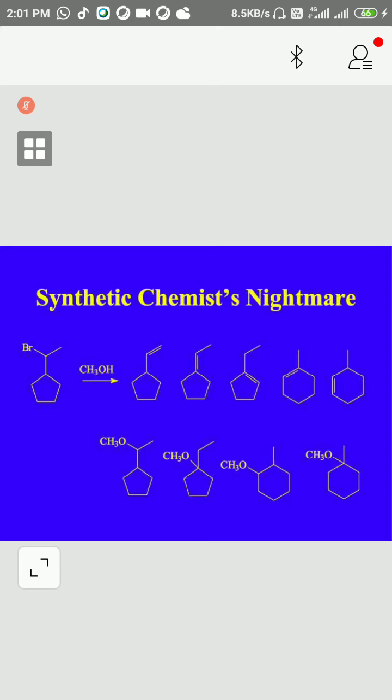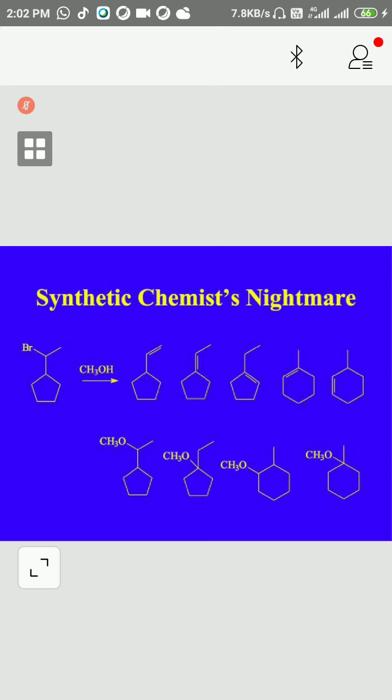Sometimes synthetic chemists have this type of problem: what will be there, how will we perform? So, for example, in this case, bromine is at this position, and CH3OH they have used. Now, these types of products are possible. How many products? 1, 2, 3, 4, and 5.